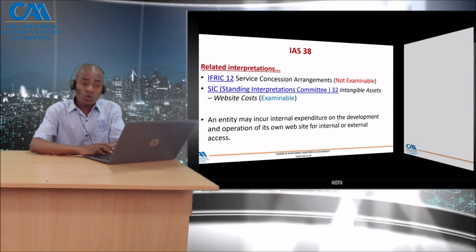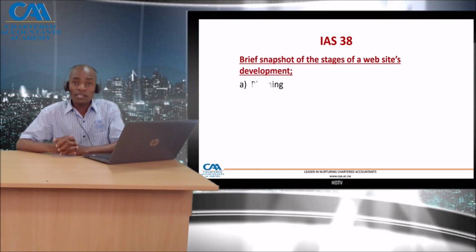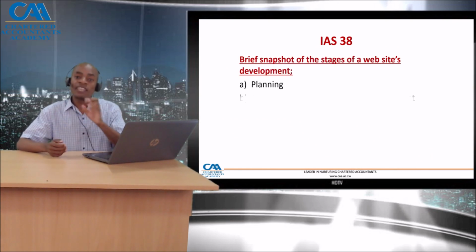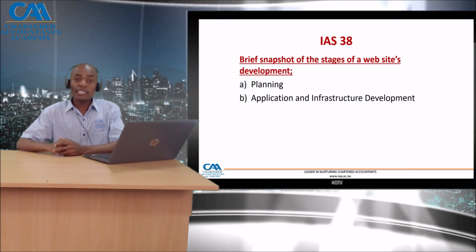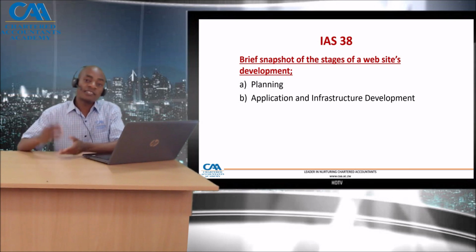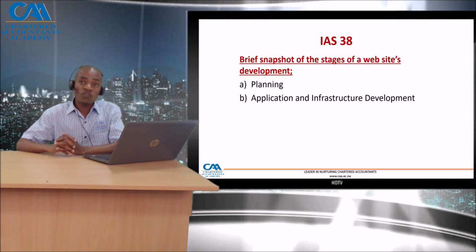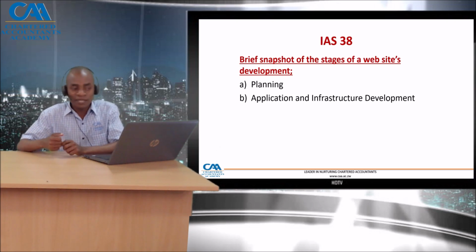Okay, before we look at the nitty-gritties of the accounting treatment with regards to the costs the entity has incurred in developing a website, here's just a snapshot of the development phases that the entity will go through. There's the aspect of planning, whereby it carries out feasibility stages.